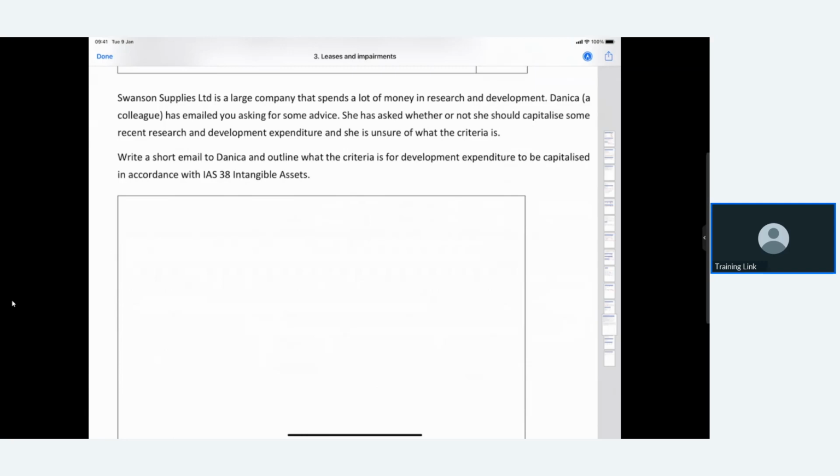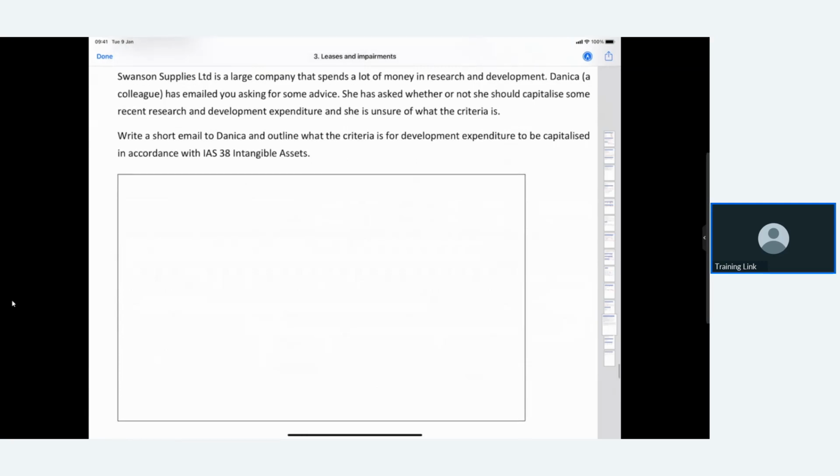So this is basically, how do we determine whether we can capitalise development or whether it would go as revenue expenditure to the statement of profit or loss? So the best way to remember this, and there is some memory involved, I'm not going to lie to you, there is some memory involved, is through Pirate.